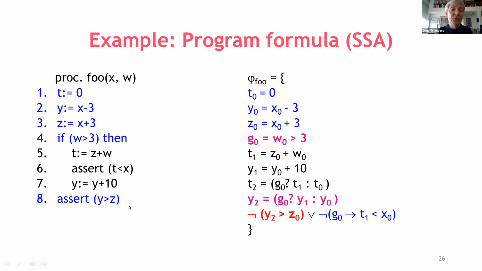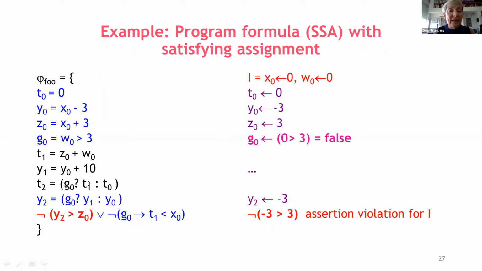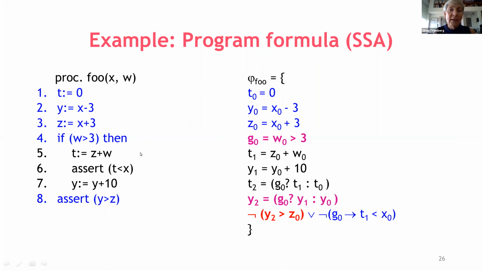Now, at the end of the if, we need to decide whether we are going to use Y0 or Y1. And for that, we use the condition on the if. We assign the condition to a Boolean variable G0. And now, at the end of the if, Y2 gets the value of Y1 if G0 is true, and the value of Y0 if G0 is false.